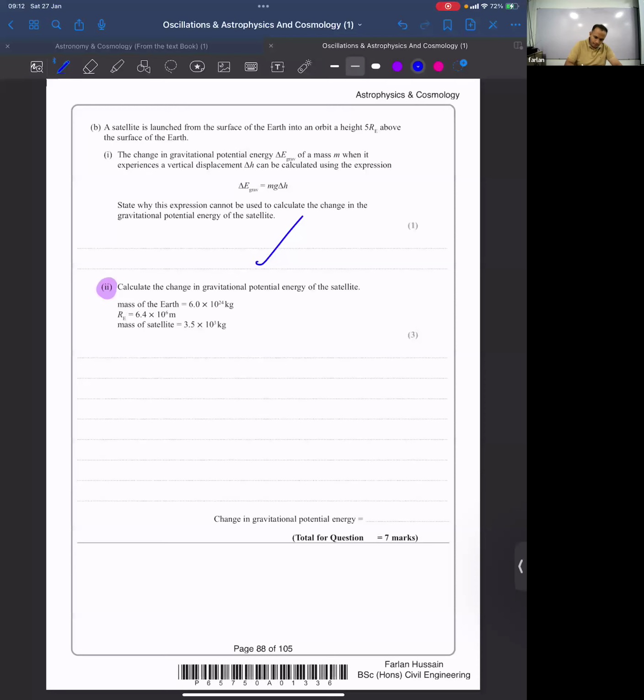So when it goes to the initial potential energy, now it goes from the surface of the Earth to an orbit above, a height 5 RE above the surface of the Earth.